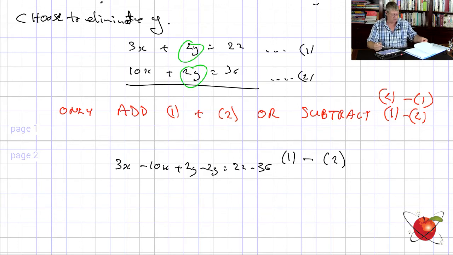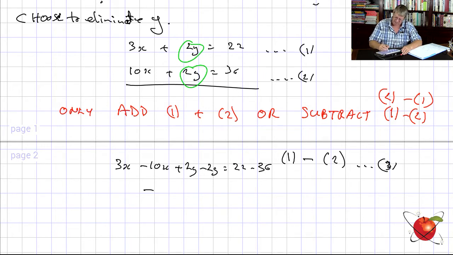So what do we say now? Okay, right. That is equation 1 minus equation 2. Usually we call that equation 3. All right. So now I simplify this and I say that's minus 7x is equal to 22 minus 36, which is minus 14, and x is equal to plus 2.